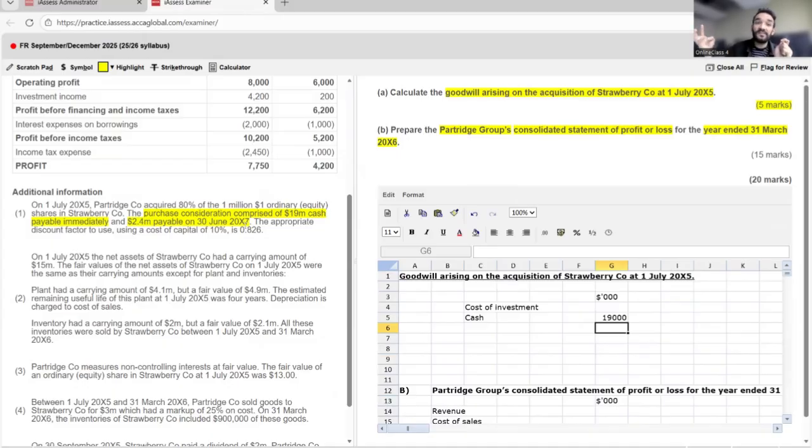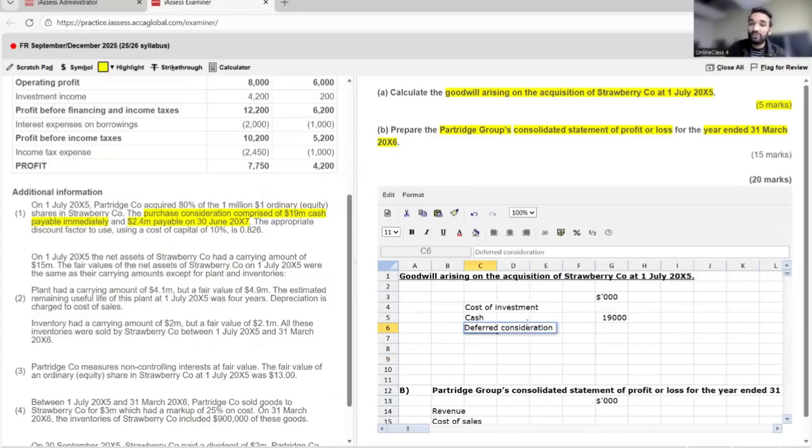So you'll be paying 2.4 million after 2 years. Make sure that you get the present value using the formula in the right manner, right? Deferred consideration is always recorded at the present value of future cash flow.